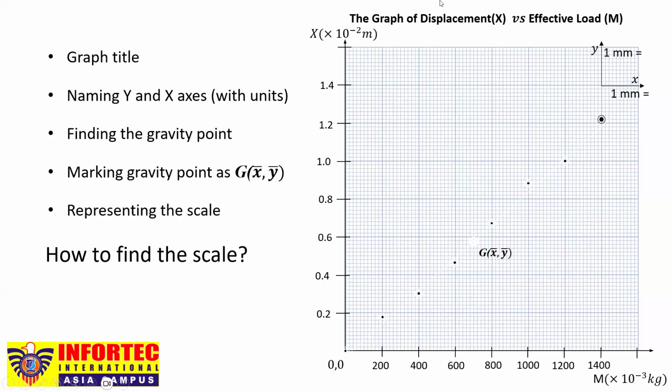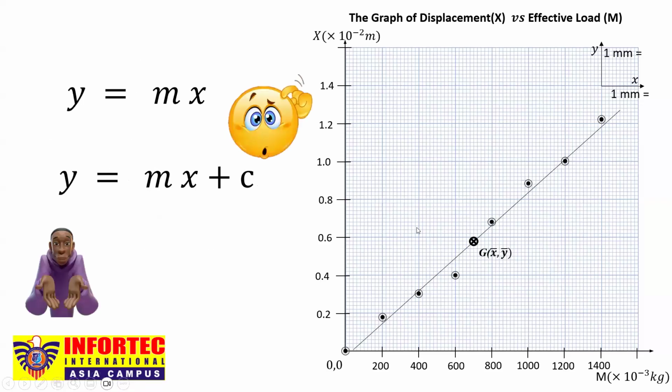The graph is displacement X versus effective load M. This is the title. The important thing is to name the Y and X axes: the Y axis is displacement X and the X axis is effective load M. Then draw the best fit line. An important thing is the gravity point. What is the gravity point? The gravity point is the balance point of the graph.